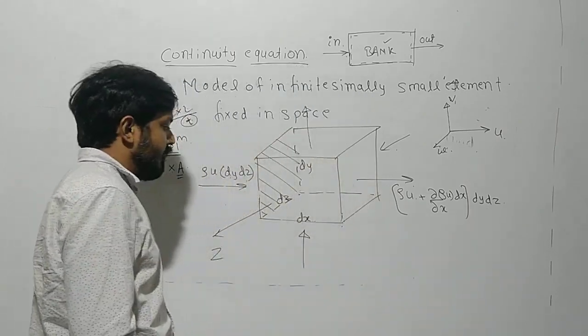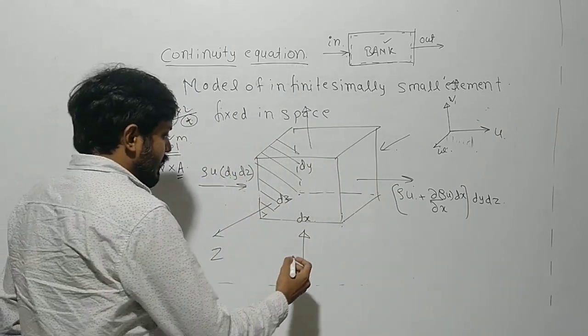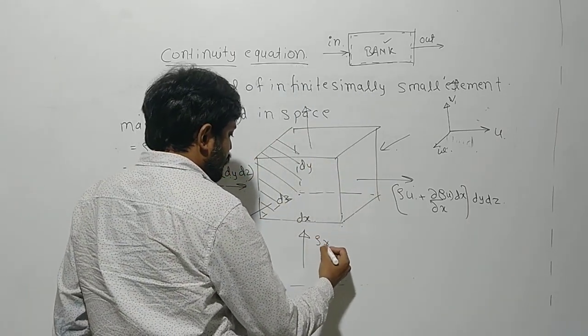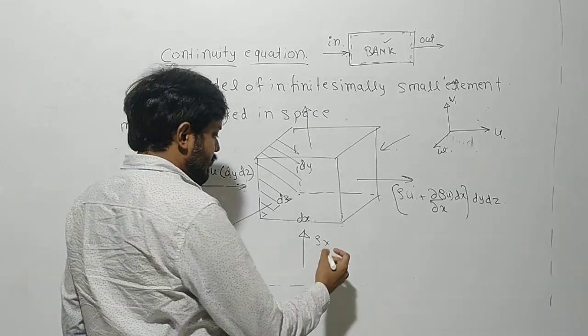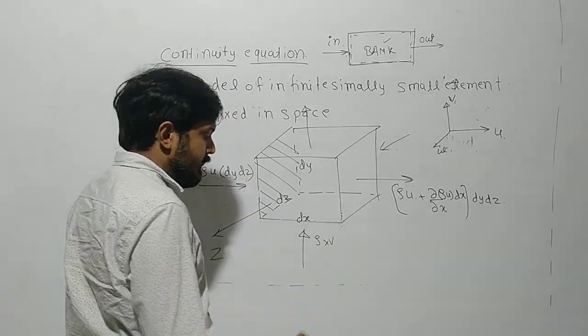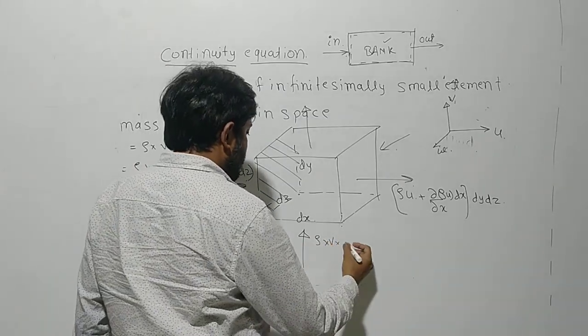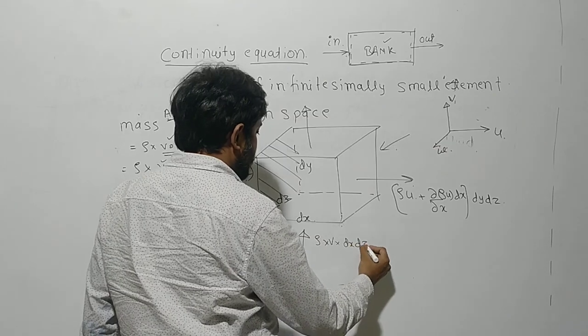In the same way for the y direction, density into velocity in the y direction, that is small v, and the area of cross section will be dx into dz.